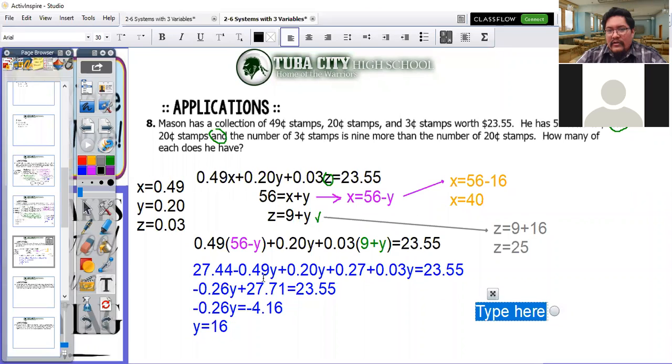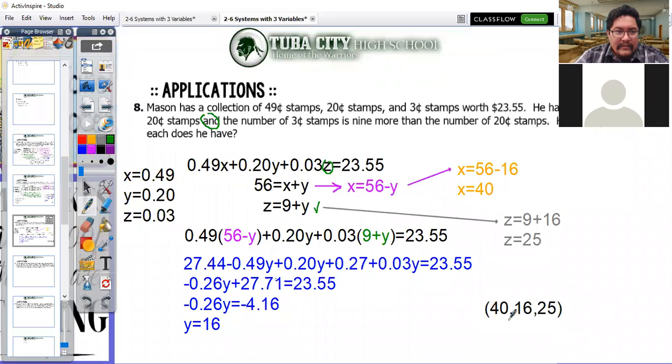Once you get one of them, the other two, in this case, we got pretty easily. But again, setting them up is one of the parts I'm worried about people getting stuck on. So there we go. We got that and box that up. Our ordered triple, and we are done with another one.